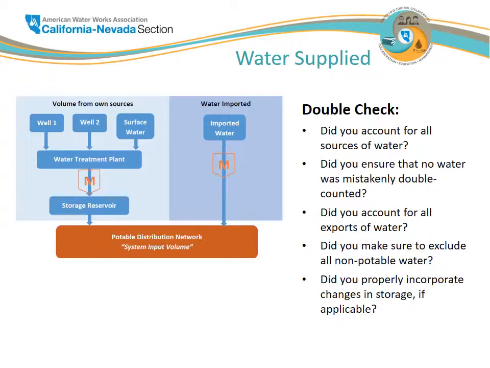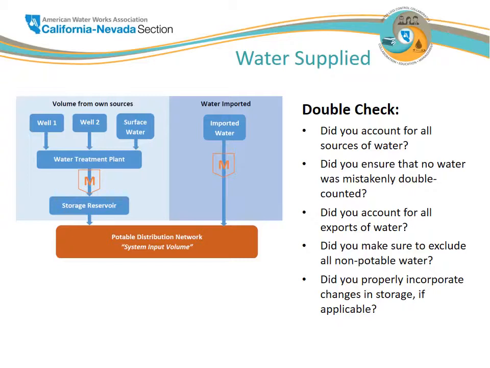There's also a very finicky volume that we have to appropriately allocate in our storage. So from the first day of your audit period to the last day of the audit period, was there any significant change in storage such that you've introduced more water to your system than just these meters tracking water supplied?